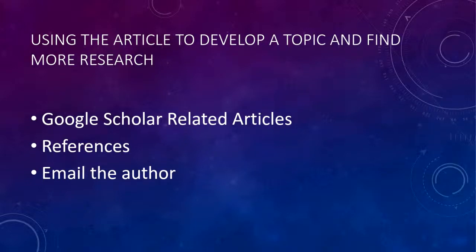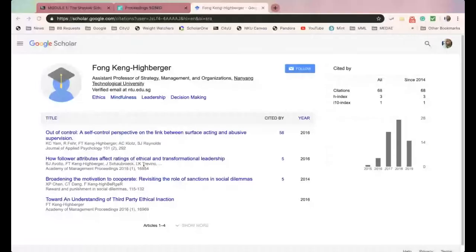But let me go back and show you some more of what you can do in Google Scholar, because in a lot of ways, Google Scholar is a good jumping off point to help you understand a topic or an author better.